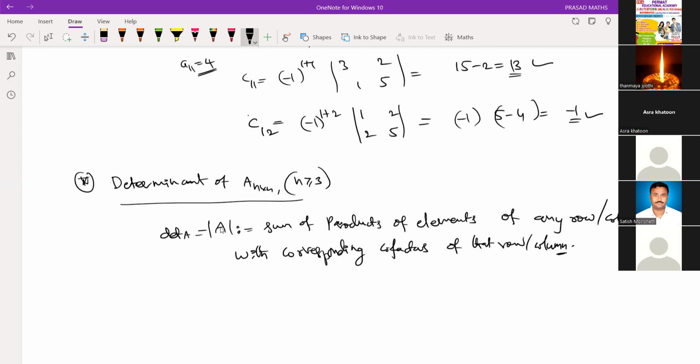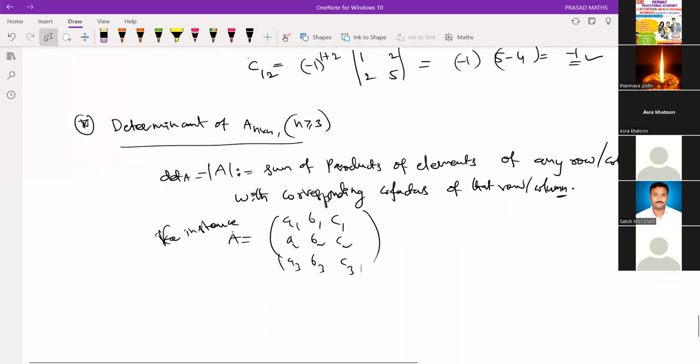Suppose you take, for instance, a 3 by 3 matrix, right? So what is the det A?